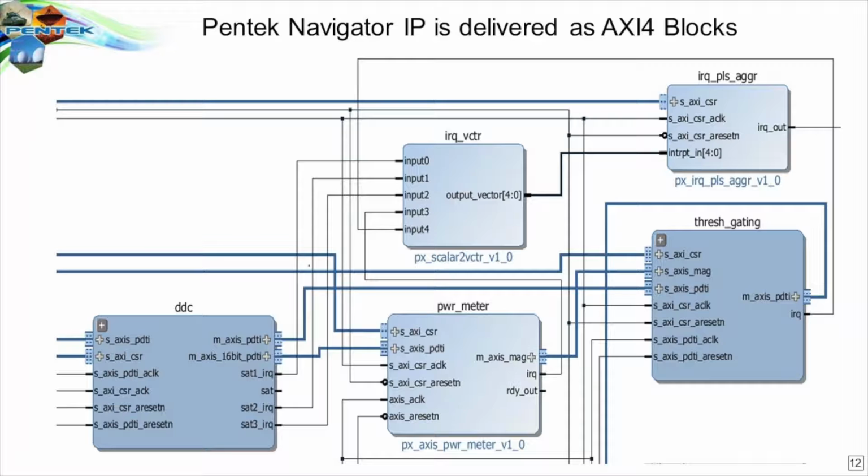So what we do is we deliver our IP, all the different blocks, the timestamping and the DDCs and so forth, as these AXI blocks, which in a graphical representation look like this. Each of these blocks shows up in the IP Integrator tool from Vivado as a high-level module, where the heavy lines represent large buses connecting one block to another.